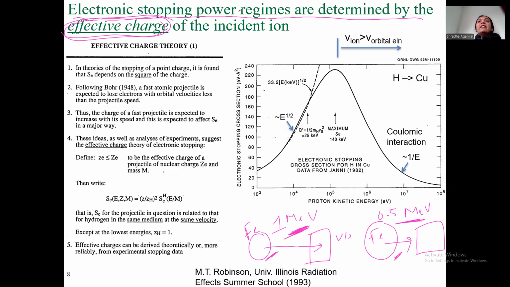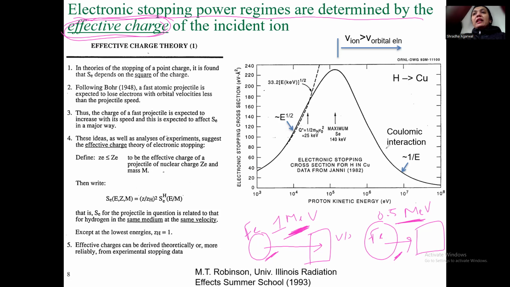So they gave this kind of thing here, and this is a little bit important. In the beginning, these are the electronic stopping power cross sections.